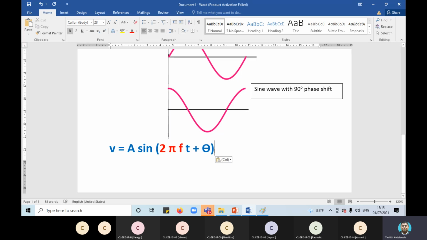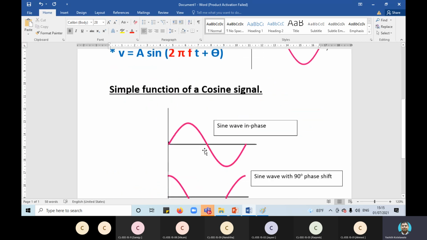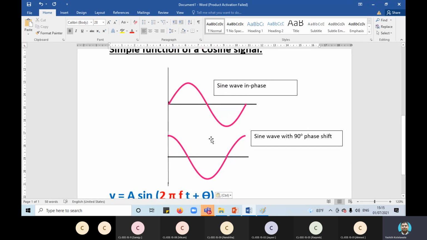What sort of modification can we do to this? This theta angle, I told you, is the phase angle of the wave. Theta is the phase angle of the wave, right? Now in this graph, what you have is a 90 degrees phase shift.